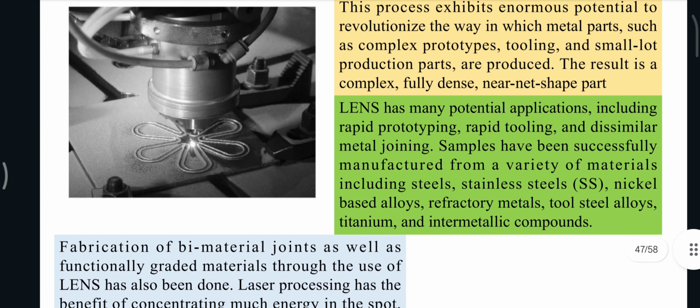LENS has many potential applications including rapid prototyping, rapid tooling, and dissimilar metal joining. Samples have been successfully manufactured from a variety of materials including steel, stainless steel, nickel-based alloy, refractory material, tool steel alloy, titanium, and intermetallic compounds.